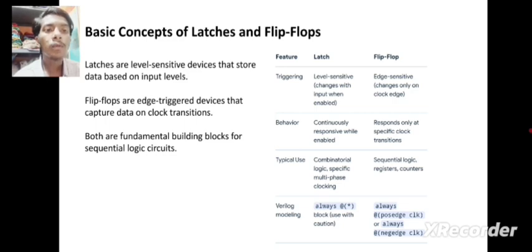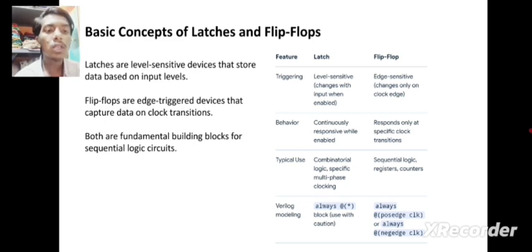In behavior, the latch is continuously responsive while enabled, and the flip-flop is responsive only at specific clock transitions. The next feature is typical use: combinational logic and specific multi-phase clocking in the latch, whereas the flip-flop is used in sequential logic and counters.